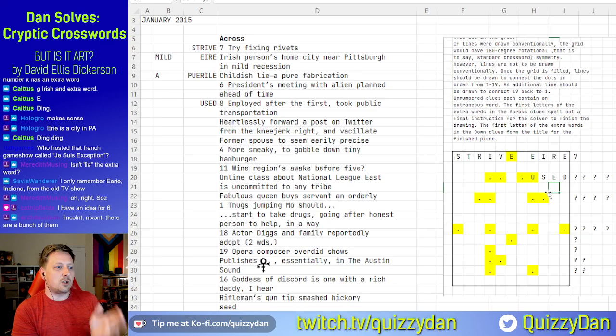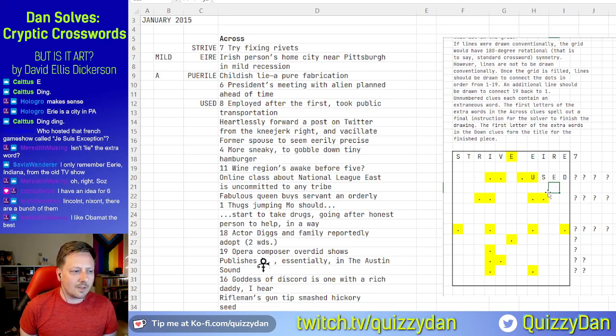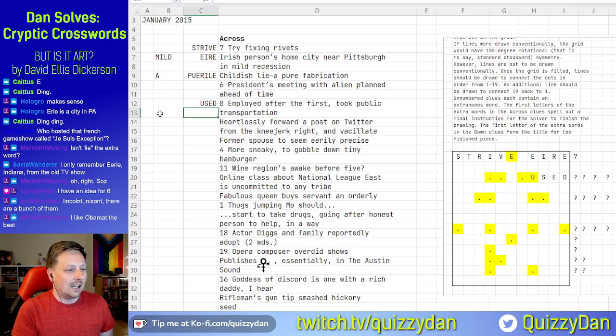So if you took public transportation, you bust. But after the first, it's used. So I think that's 8, and that would give an 8 to there. But of course, if used goes there, that could be the 8. I'm not entirely sure this is how it's working, but there we go.